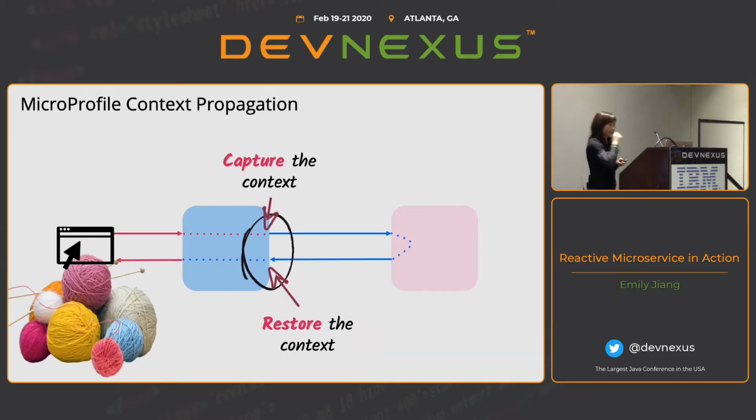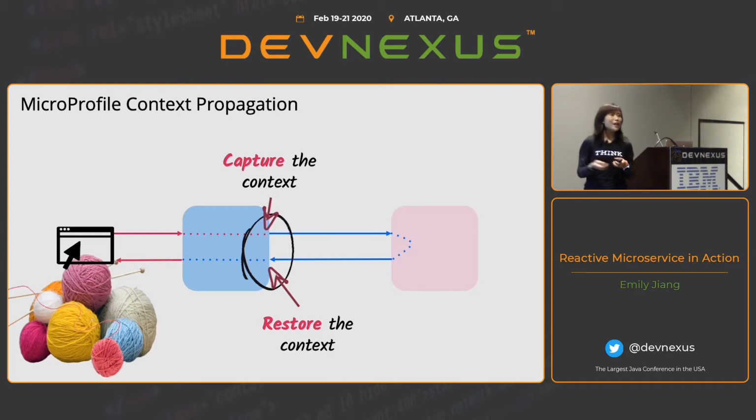So luckily, in MicroProfile, we also have MicroProfile Context Propagation. With this specification, how many of you have heard of MicroProfile? Okay, cool. We are getting better. If you have not heard of it, go to Google, search MicroProfile, and you will see everything.